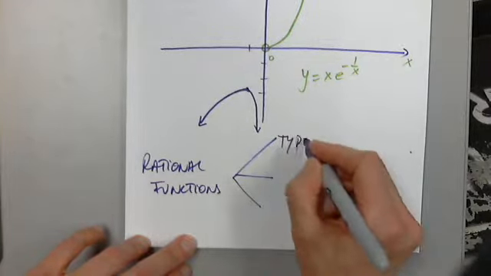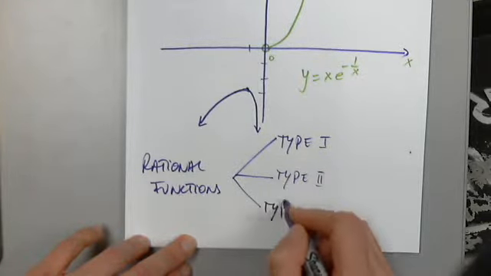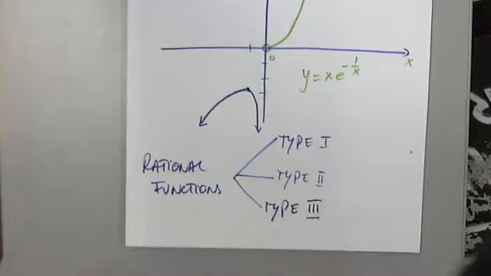What I call type 1, type 2, and of course type 3. No one calls them that. It's just easier for me to identify with my students and say, hey, what type is it? Oh, remember such and such.